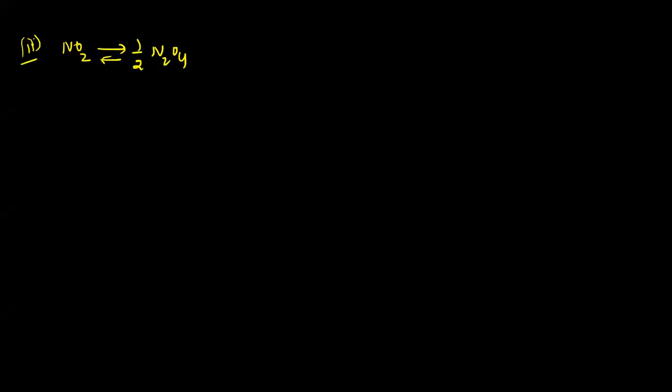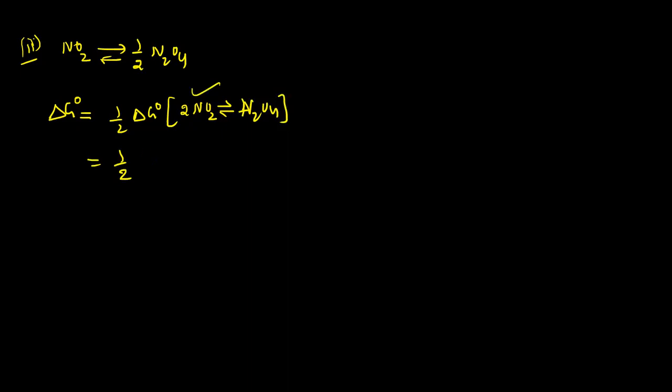For this, what is the delta G naught value? Delta G naught value will be half of the above one, that is 1 by 2 of the delta G naught value of the first equation we have taken, 2NO2 in equilibrium with N2O4, which we got as 4780 joules.